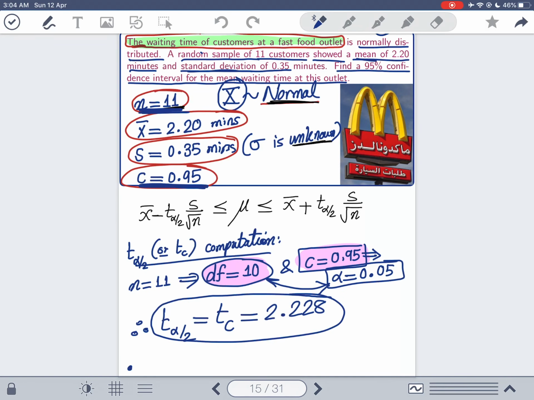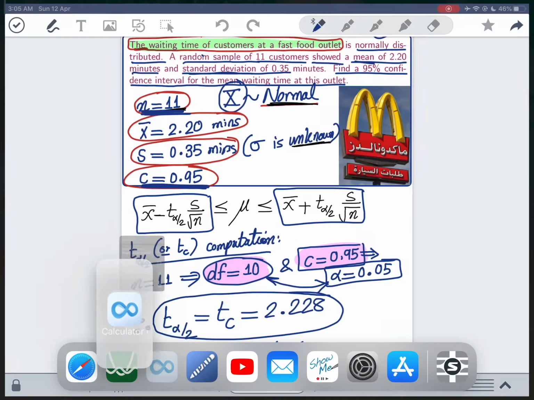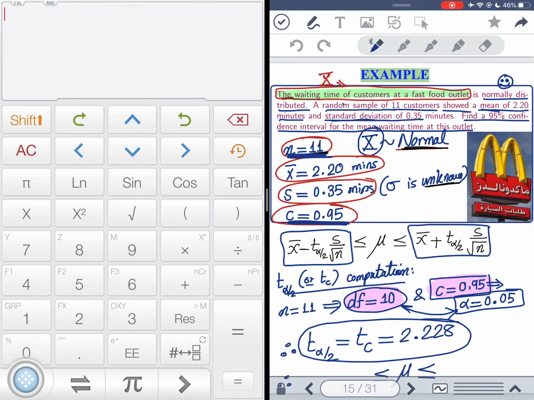So you can say, therefore, mu is between something and something. Now I'm going to use a regular calculator to find these two numbers. Notice that the only difference is this is minus and this is plus. So we will use the calculator now. What is x bar? It is 2.20.